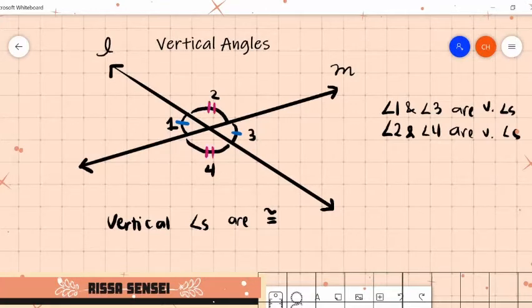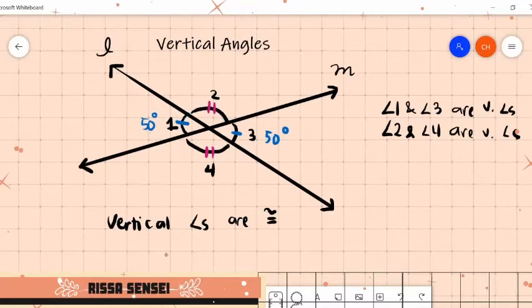Kung ano man ang sukat ng angle 1, sabihin natin ang sukat nito ay 50. Anong sukat ng angle 3? 50 degrees din. Okay? Ano kaya ang sukat ng angle 2 and angle 4? Since yung 1 and 2 is a linear pair, ibig sabihin, yung sum of this angle is 180 degrees.